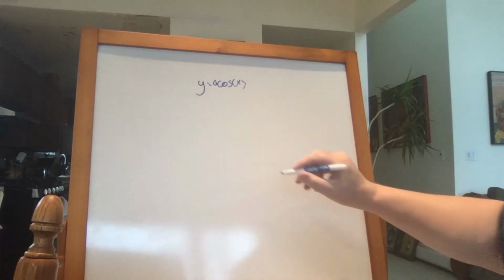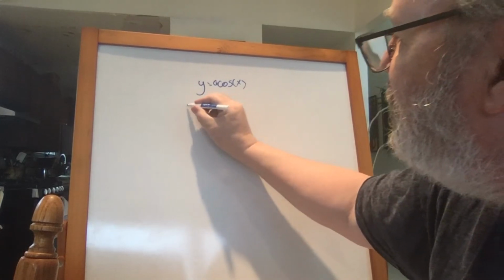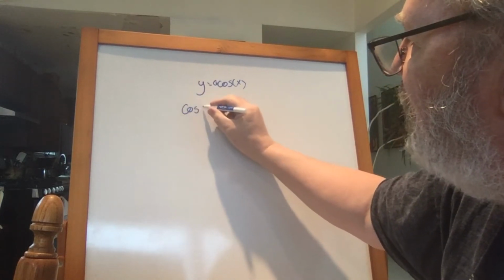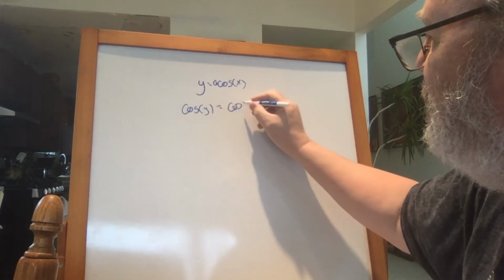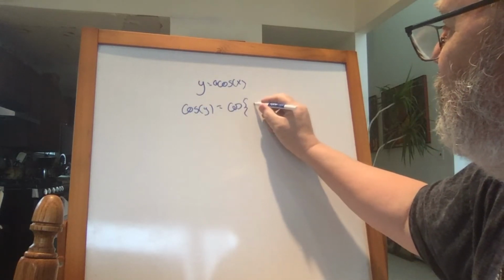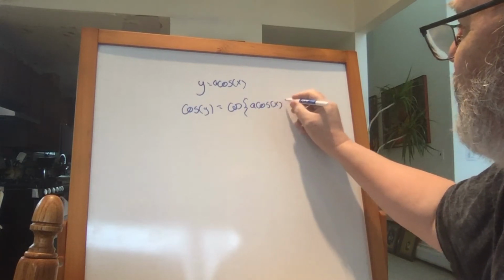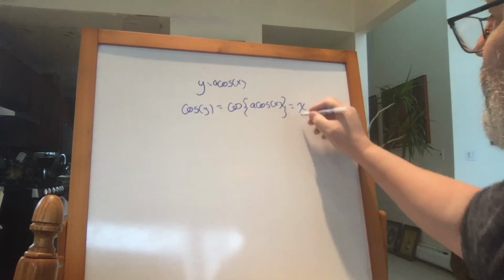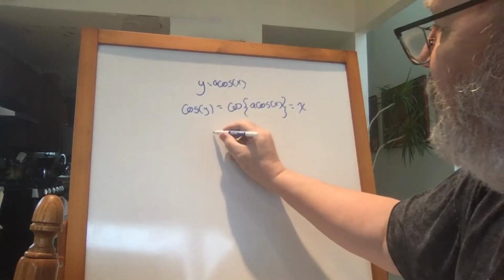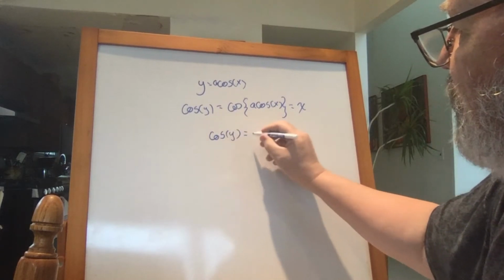So again, we get x to isolate itself by taking the cosine of y equals the cosine of the arc cos of x, and that's equal to x. So here we go. We've got cosine of y equals x.